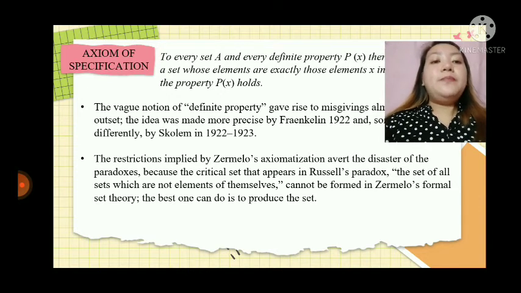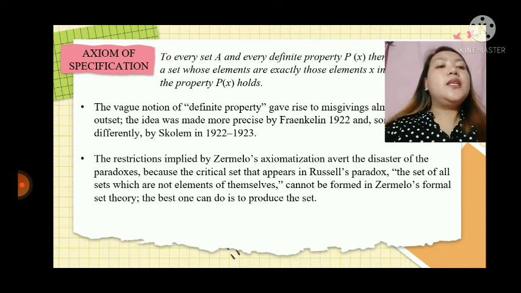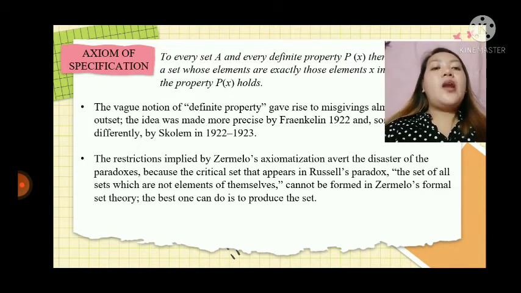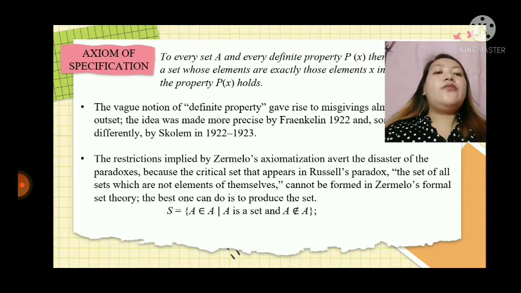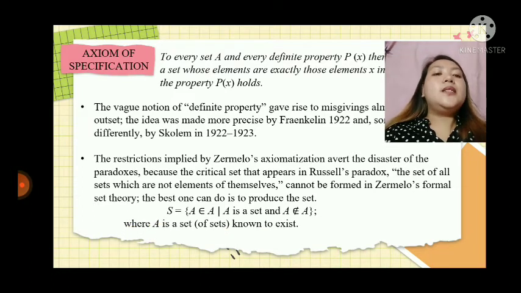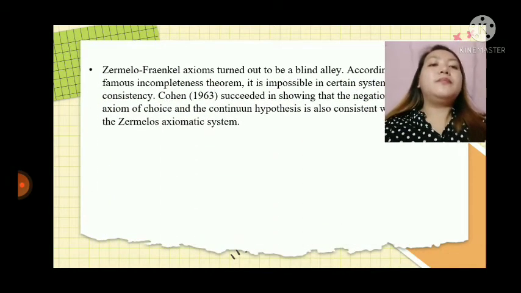The restrictions implied by Zermelo's axiomatization avert the disasters of the paradoxes because the critical set that appears in Russell's paradox, the set of all sets which are not elements of themselves, cannot be formed in Zermelo's formulation of set theory. The best one can do is to produce the set S, the set of elements x of A such that x is not an element of x, where A is a set already known to exist.